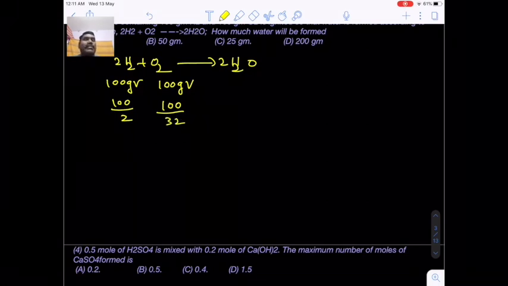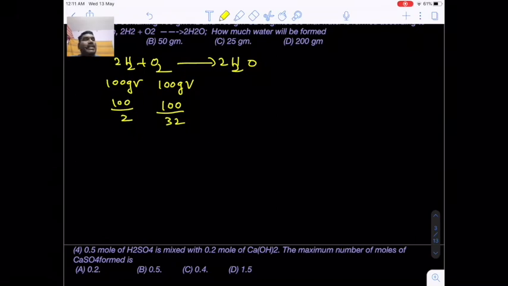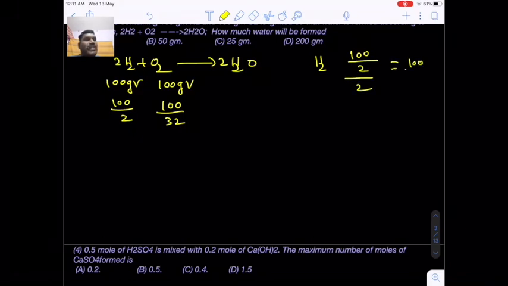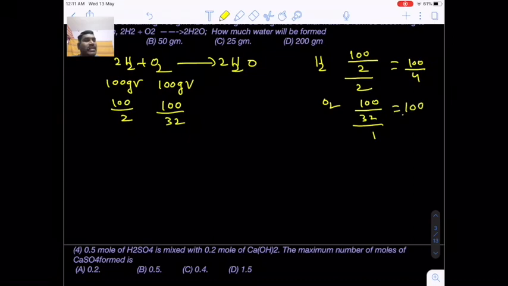Now here, which will be the limiting reagent? In case of dihydrogen, the stoichiometric coefficient is 2. So number of moles by stoichiometric coefficient will be 100 by 4. In case of oxygen, number of moles 100 by 32 by stoichiometry 1. So out of these two values, which has the lesser quantity? 100 by 32.